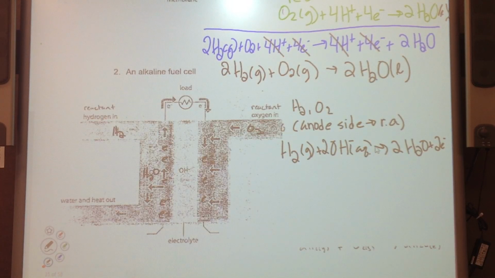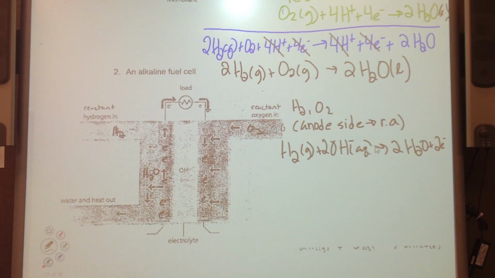It's hydrogen and water. Plus 0.4. Plus 0.4. That's oxygen and water.